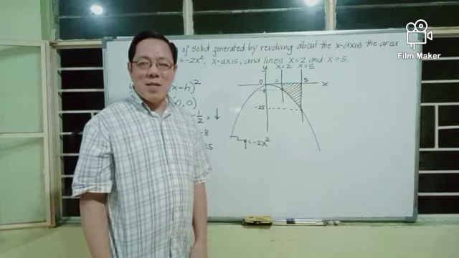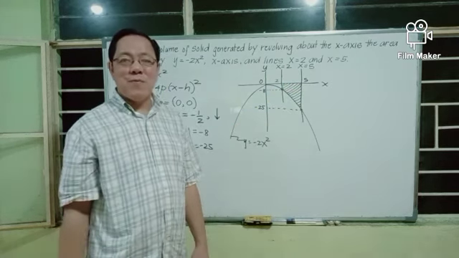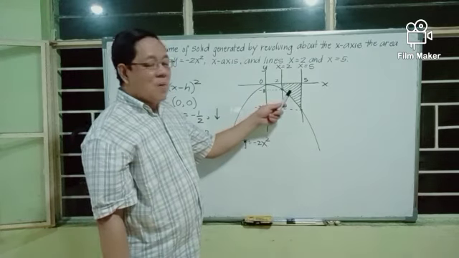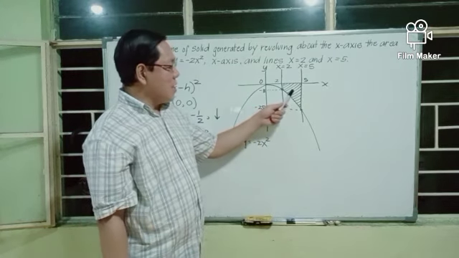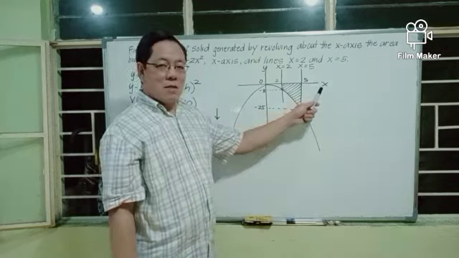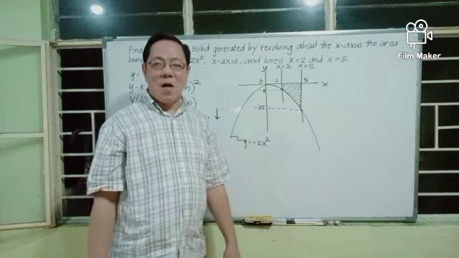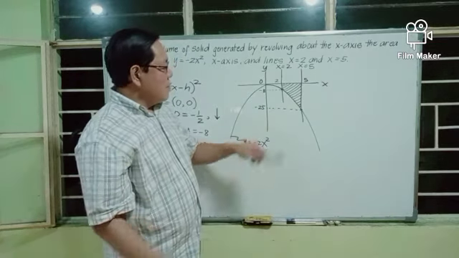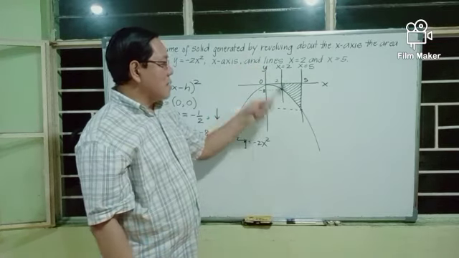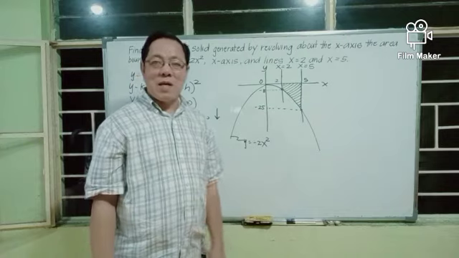Now, to generate the solid whose volume we will find, we will revolve this shaded region about the x-axis. So the x-axis is what we call the axis of revolution. We will revolve it around the x-axis and we will generate a solid.